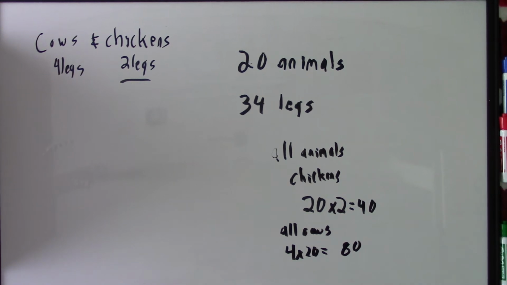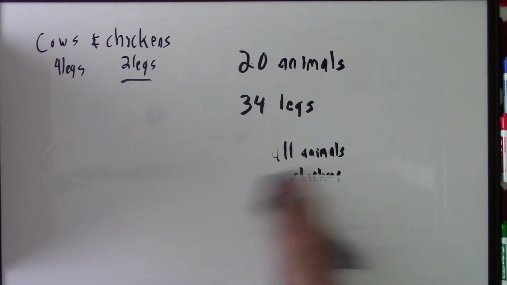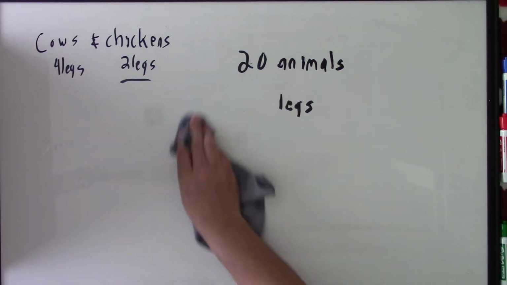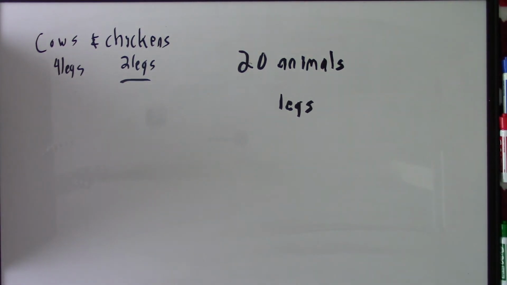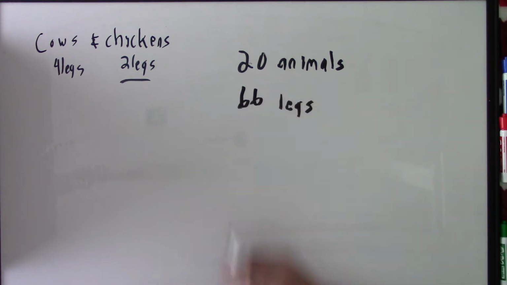So I would have to have 80 legs. So from this I know, okay, I can't do 34. I have to be between 40 and 80. So let's do 66. We have 66 legs with 20 animals.